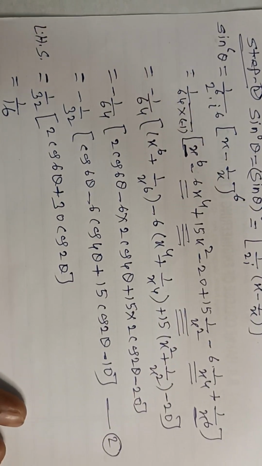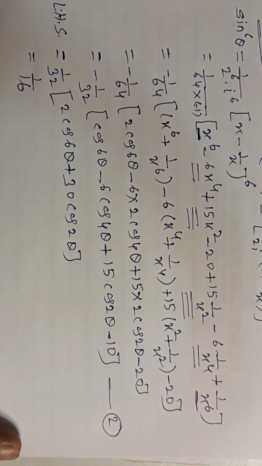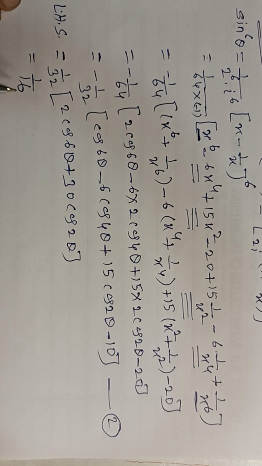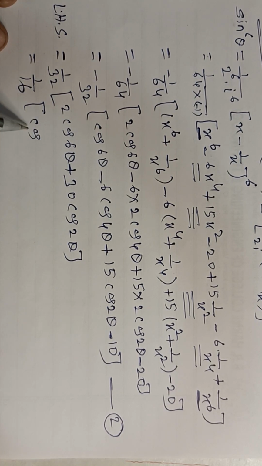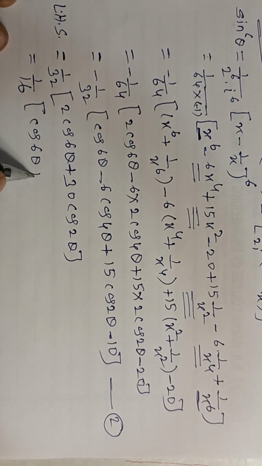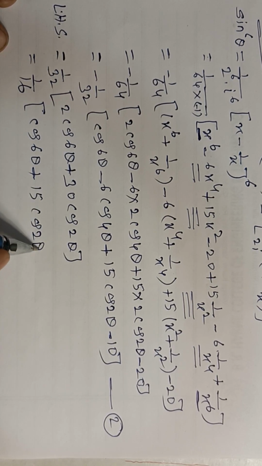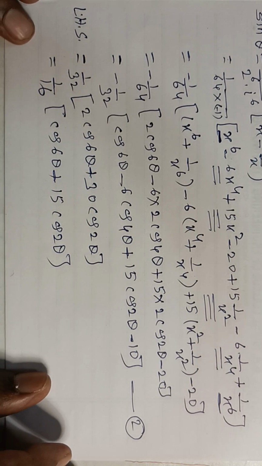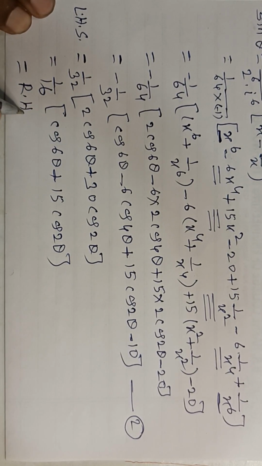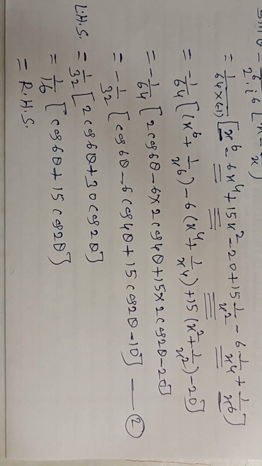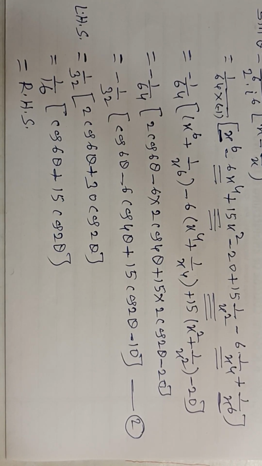And then, taking 2 common, 1 upon 16 into bracket cos 6 theta plus 15 cos 2 theta. This is the right hand side, which means the statement is proved. In this way we have solved the first sum. Now we have to solve sum number 2.